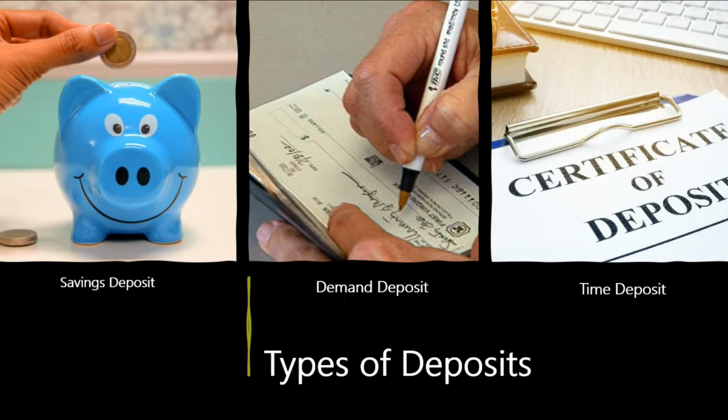So, we have to understand, class, when do we prepare a bank reconciliation? We prepare a bank reconciliation if the balance of our cash per record does not reconcile with the balance reflected in the bank statement.